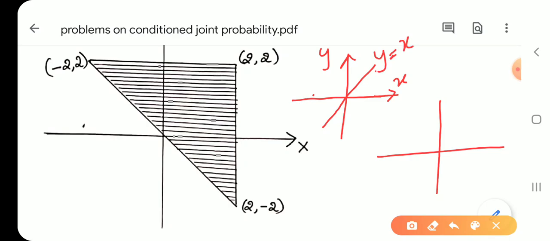Here, when x is positive, y is also positive. When x is negative, y is also negative. You have already come across this kind of line in the multiple integrals.